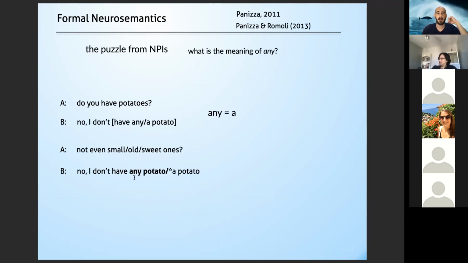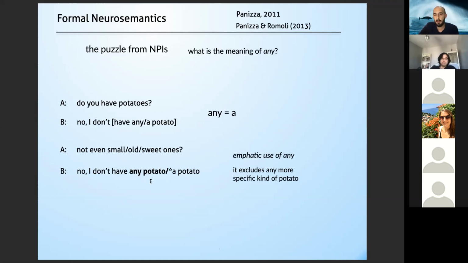But if you answer again, no, I don't have a potato, then you sound a little bit dumb, right? So there is this idea that "any" used in this context, and also with an intonation emphasis, is going to bring a sort of strengthening of the negative inference. And this is a problem for linguists, and they've been debating over that for half a century.